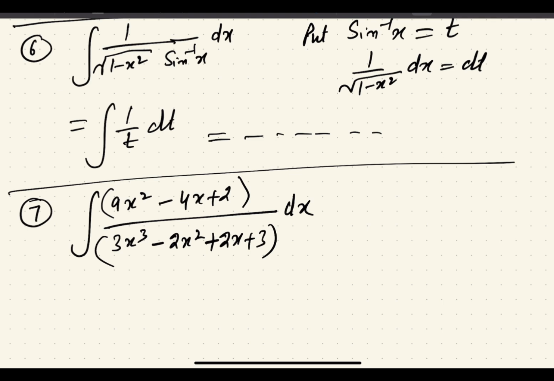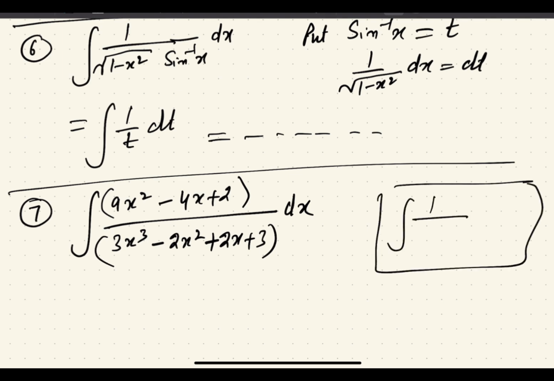If this direct derivative is not there, then this cubic must have factors. If the cubic has no factors and direct derivative is not there, you cannot solve a question. And suppose you have this question, I will just put here in a bracket, this over x cube plus x plus 1 dx.